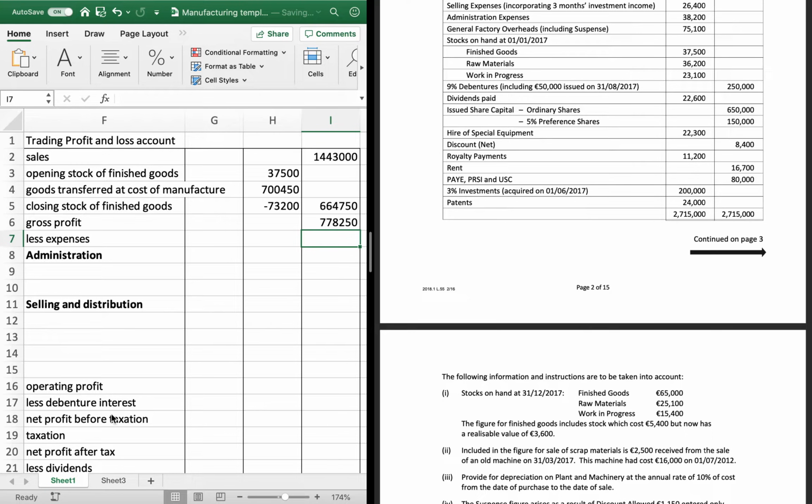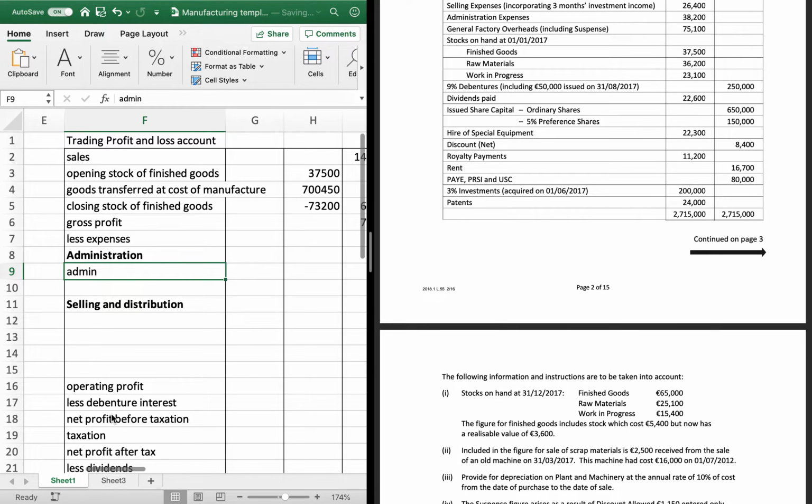Now, hopefully there's not too many expenses in this. And normally with manufacturing accounts you've less expenses, but some of the mock ones is quite a lot. So we look and we'll see what we have. Administration wise, we've admin. Administration itself didn't change, so 38.2.